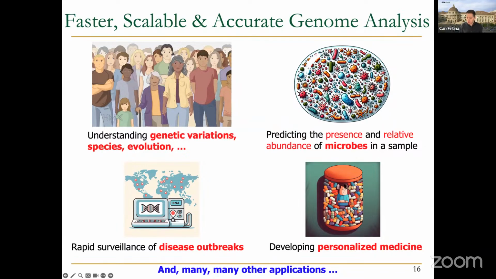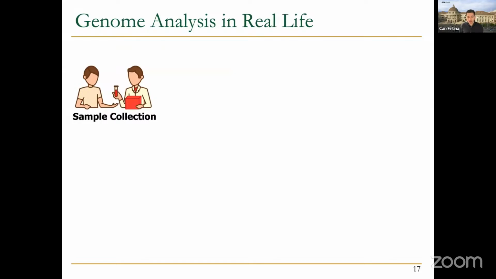And also, of course, genome analysis is really important for developing personalized medicine. By understanding each individual's genome, we may be able to come up with particular drugs that are really personalized for that individual.